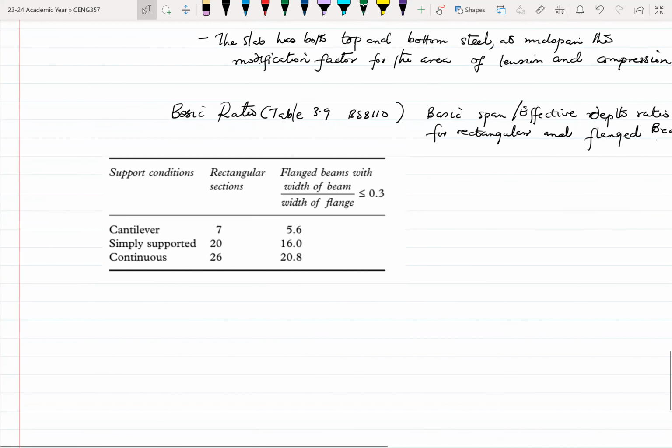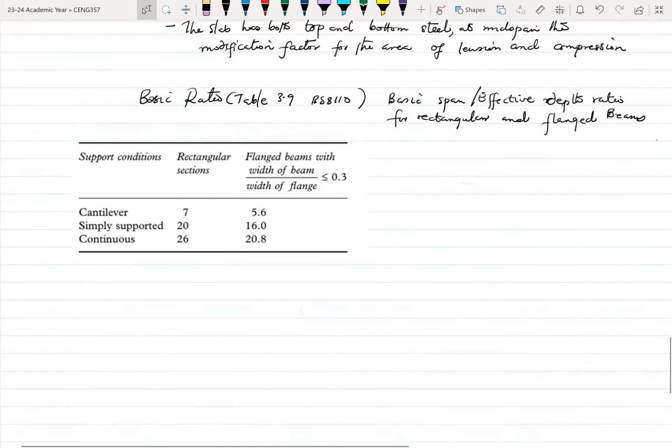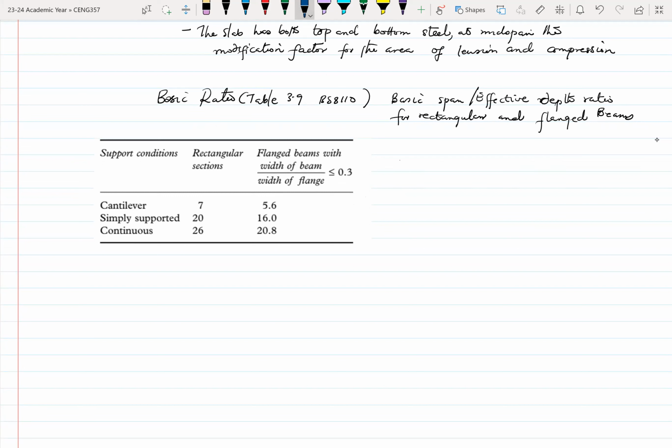Typically, we also have that for beams with a flange width. So you compare the width of the beam and the width of the flange, and it should be less than or equal to 0.3. Then those factors are appropriate. All right. And these factors also work for span lengths that should not be more than 10 meters.